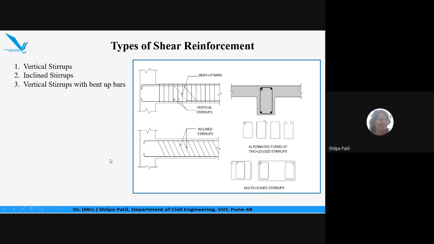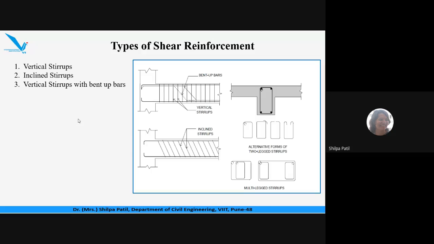Is it clear about the types of shear reinforcement? The shear reinforcement is provided either in the form of vertical stirrups, inclined stirrups, or the combination of vertical stirrups and bent up bars. Is it clear, guys, the concept of shear force and why we need to design for shear reinforcement?